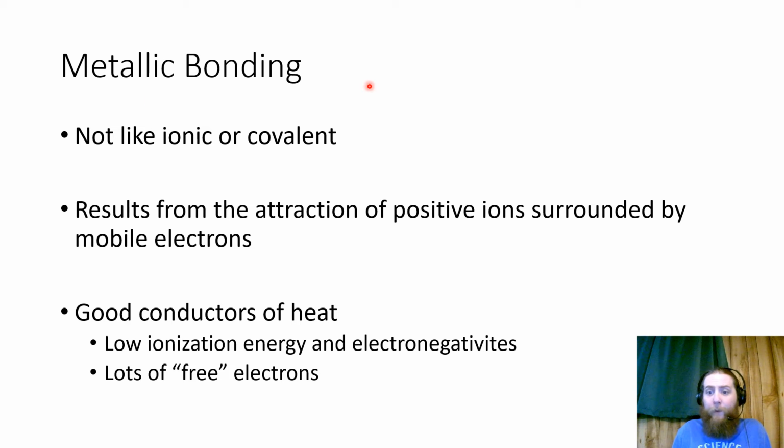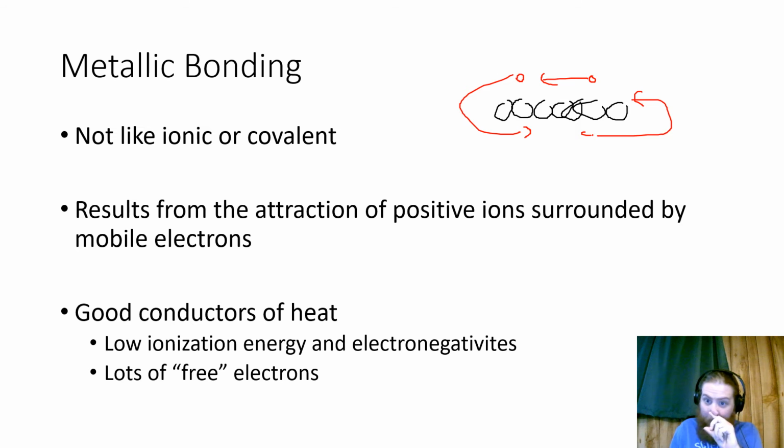Metallic bonding is unique. It's not like ionic or covalent. This is the attraction of positive ions surrounded by mobile electrons. So we'll have these nuclei of metals all together, and these electrons, I'm going to draw them in red, little guys, will be zooming around the outside of these. This is why metals make such good conductors.